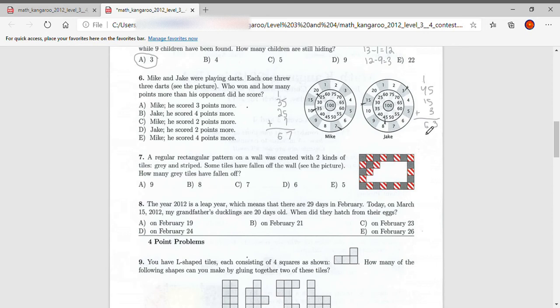So Jake scored 63. So we know that Mike scored more. By how much more, we can figure that out by subtracting 67 minus 63. You get 7 minus 3 is 4, and then 6 minus 6 is 0. So Mike scored more by 4 points, which is E.